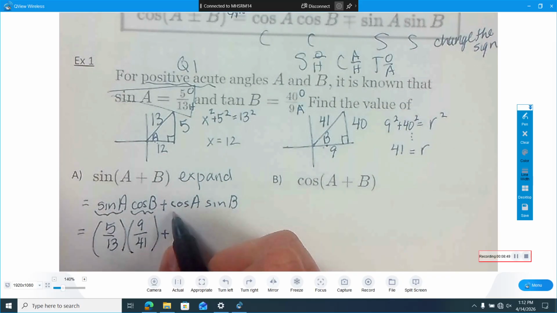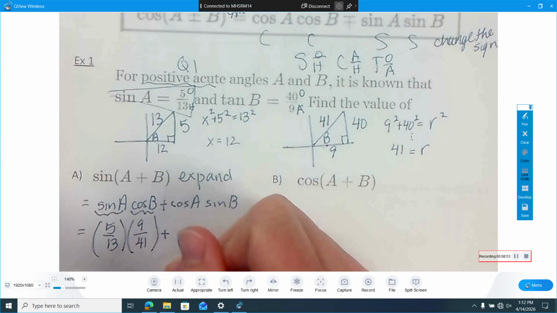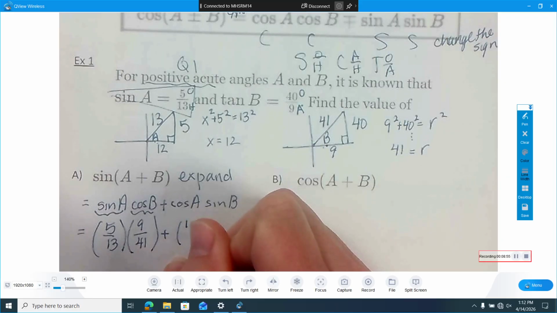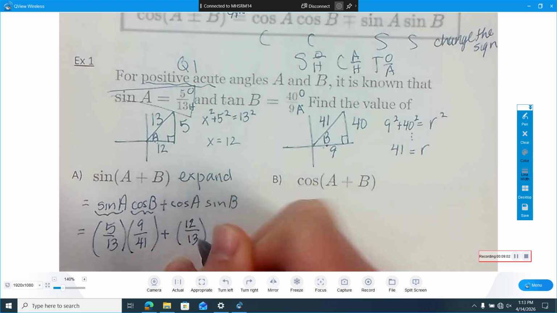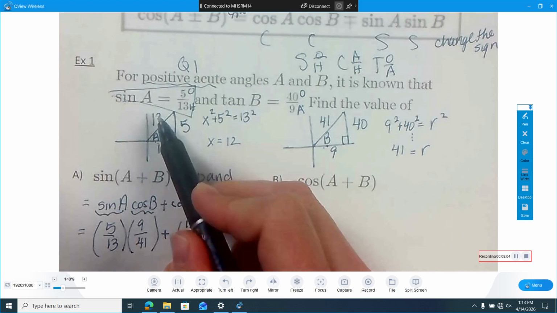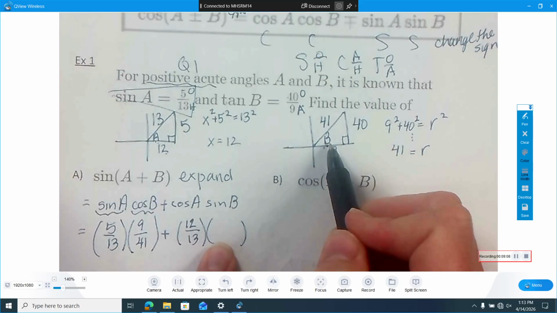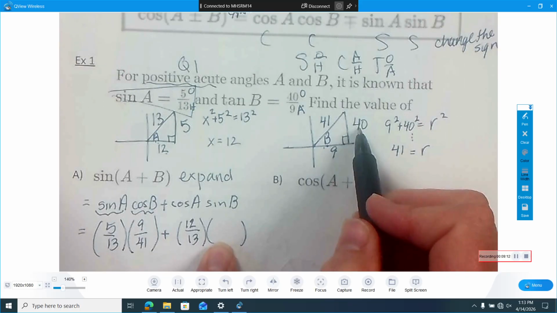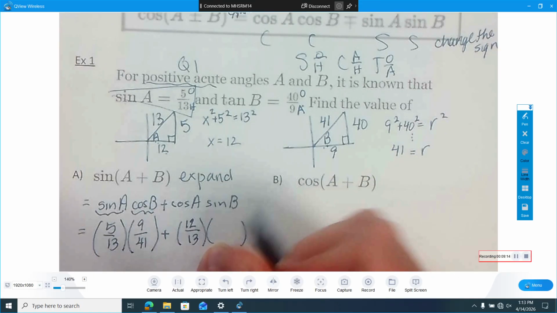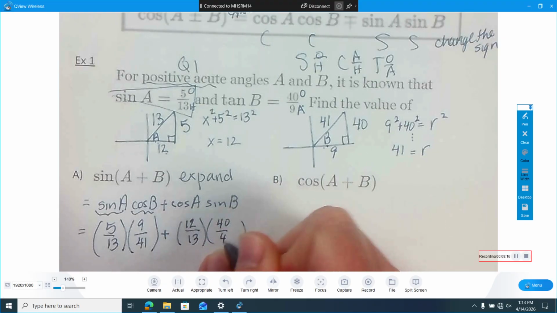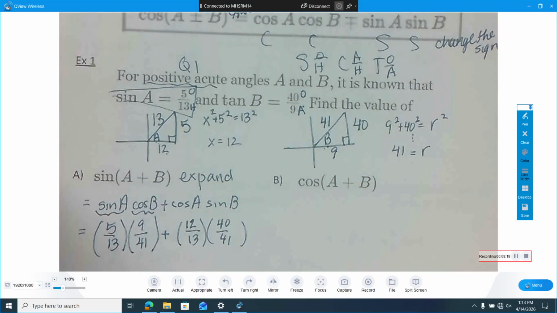And then again, back to angle A, we want the cosine according to angle A, which would be 12/13. Adjacent over hypotenuse, 12/13. And then now back to angle B. So over here, second triangle, what's the sine according to angle B? 40/41, opposite over hypotenuse. So really important that you have your triangles labeled nicely.